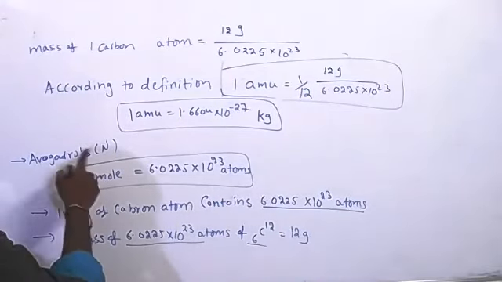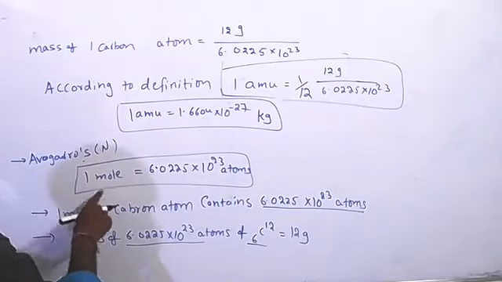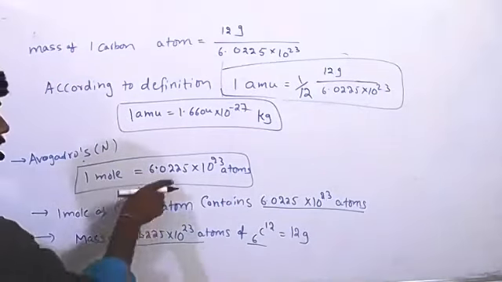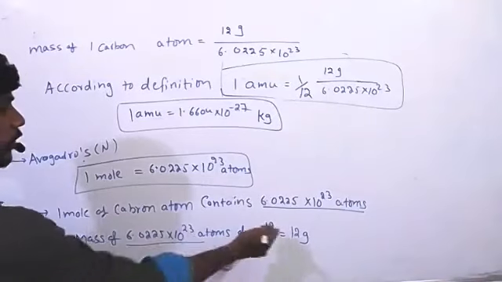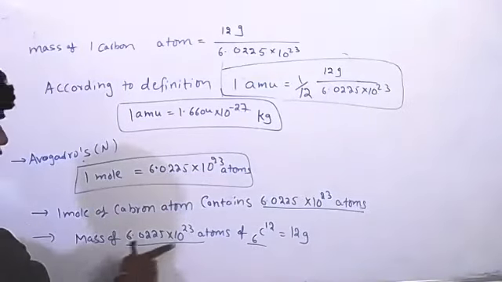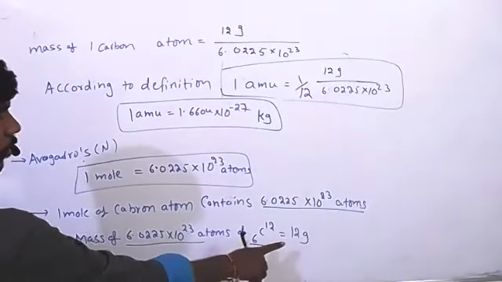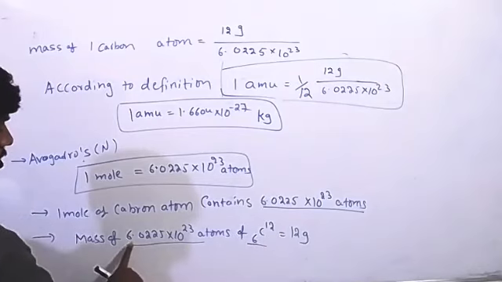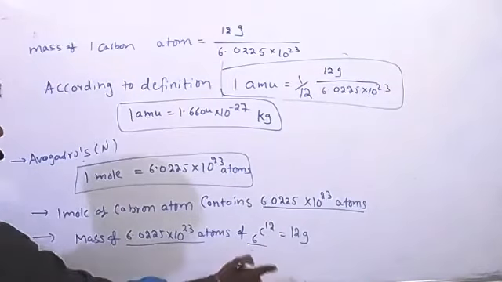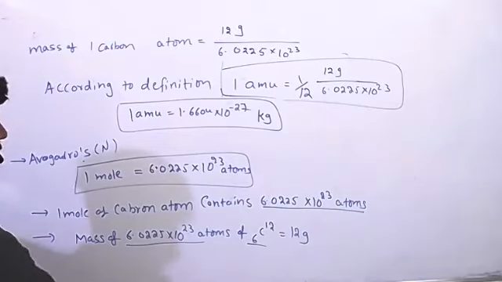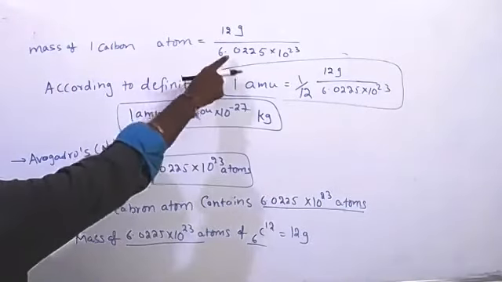According to Avogadro, in 1 mole, this many particles will be there. So this many atoms are equal to 12 grams. So for one atom, we take 12 grams divided by 6.0225 into 10 to the power of 23. That is the one carbon atom mass you will get.